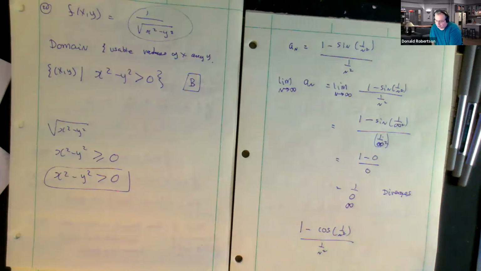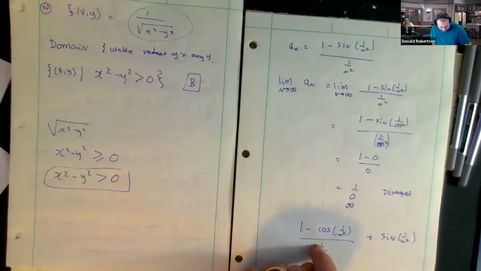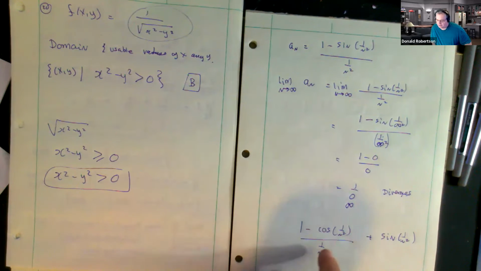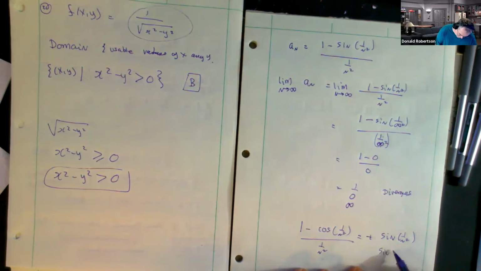If you ended up doing L'Hopital, and you're just going to trust me on this, you end up with positive the sine of 1 over n squared. And you might think, well, what happened to this guy and this guy? Well, when you do a chain rule, they actually cancel each other out. So all you get is that, and that gets you the sine of 1 over infinity, which is the sine of 0. So this one would have a limit of 0.